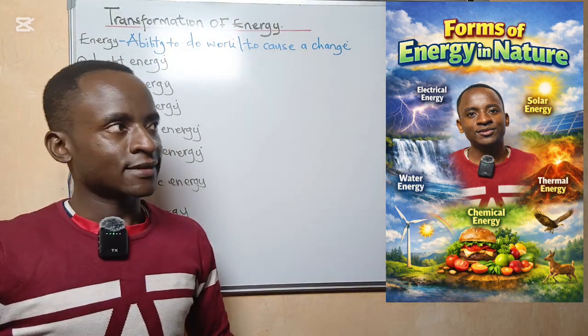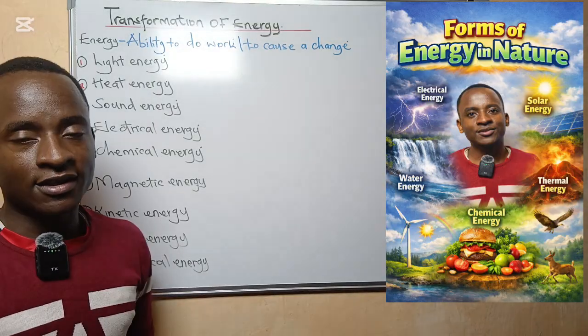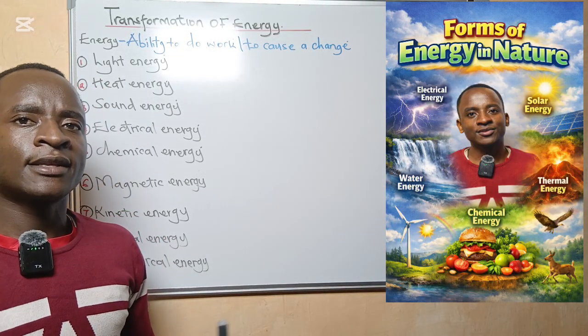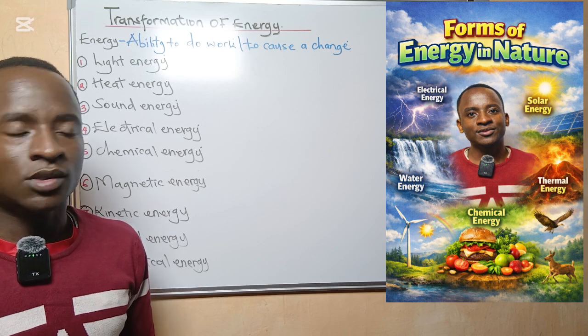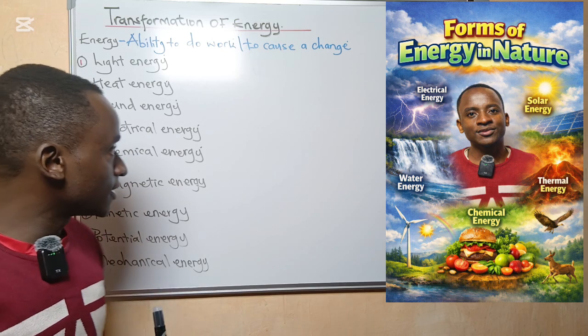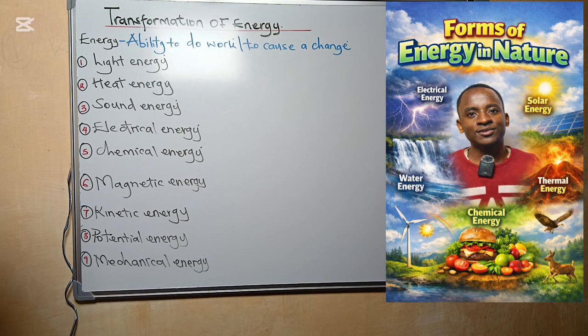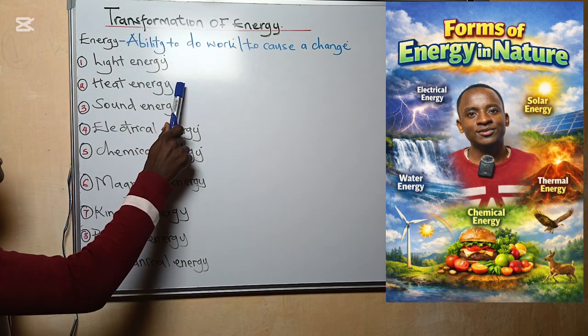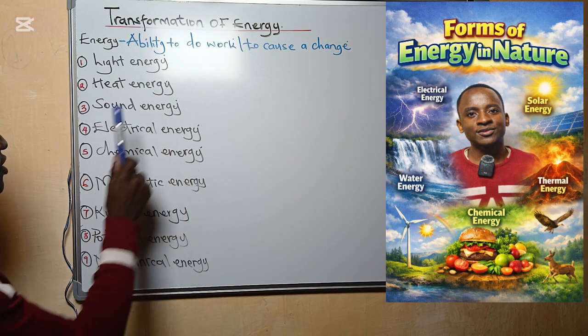Now, my learners, we have 9 forms of energy in nature. These are the areas which you are likely to be tested on. The first one is light energy. The second one is heat energy. The third one is sound energy.